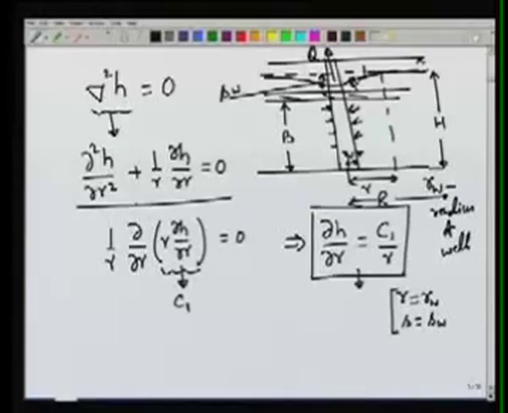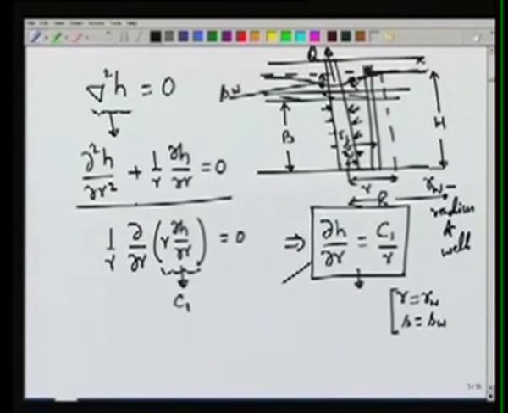Therefore SW is typically not used, and we take some other location, let's say R equal to R1, and find out the drawdown there as S1. So these boundary conditions need to be used in order to be able to solve this equation.